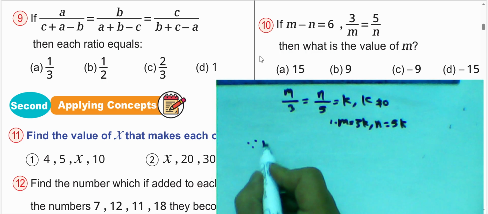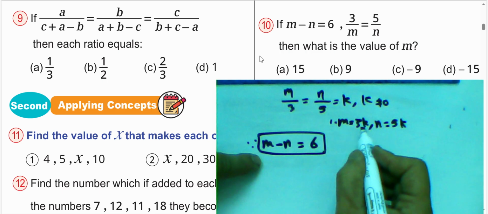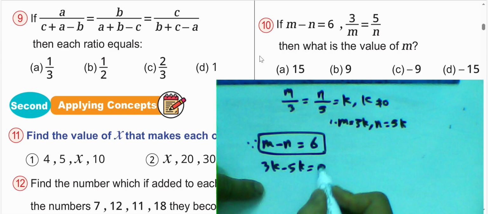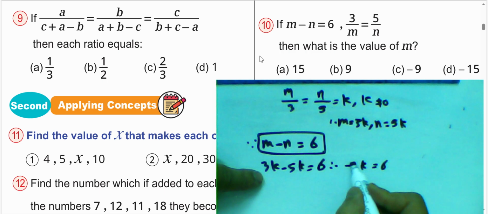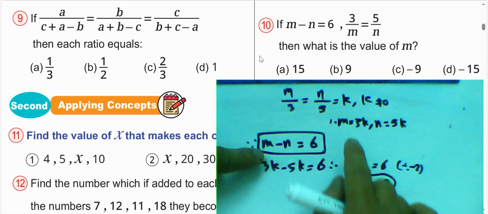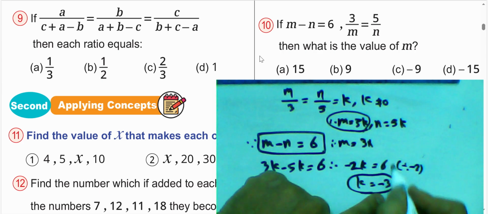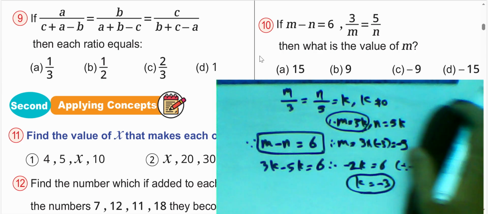Now we have m minus n equals 6. So 3k minus 5k equals 6, and 3k minus 5k equals negative 2k equals 6. We can divide by negative 2, then the value of k equals negative 3. We want to find m. Then m equals 3 times k, and k equals negative 3. Negative 3 times 3 is negative 9. Then the answer here will be letter C, negative 9.